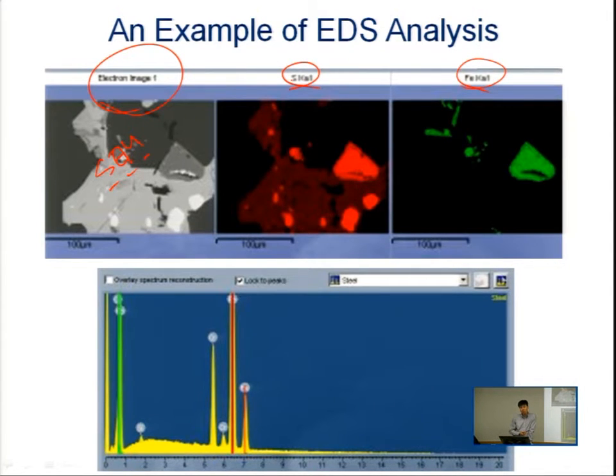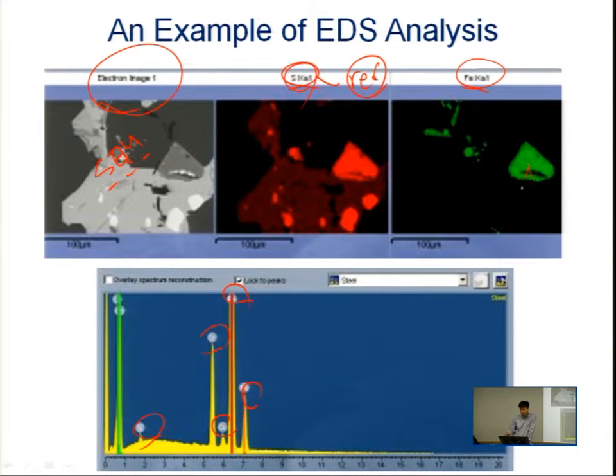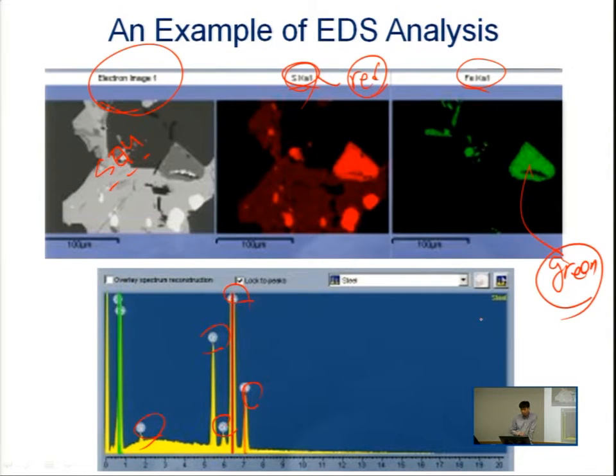But if you don't know the composition, you roughly scan your sample and identify what elements are present. Then you can set up, for example, red for sulfur and green for iron, and after scanning, you can map it.